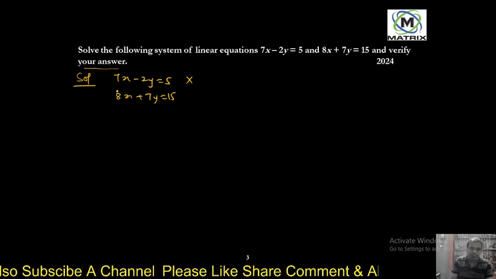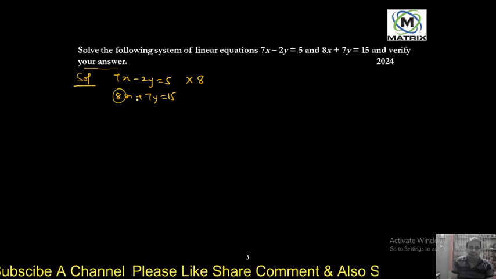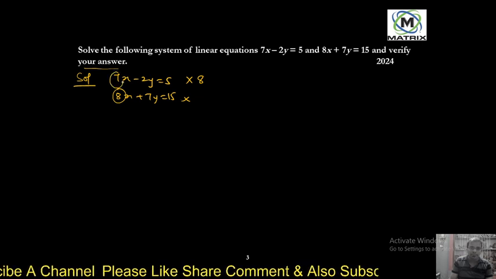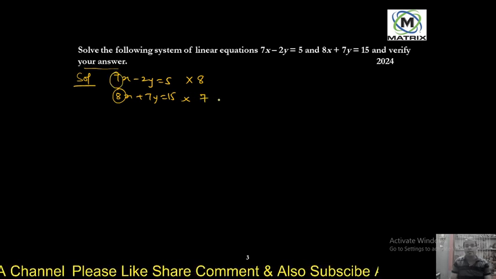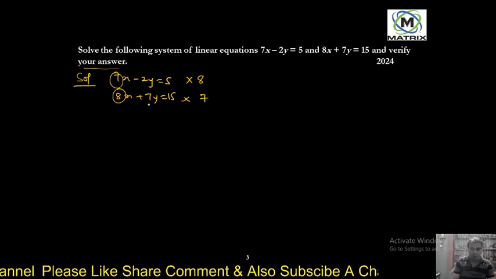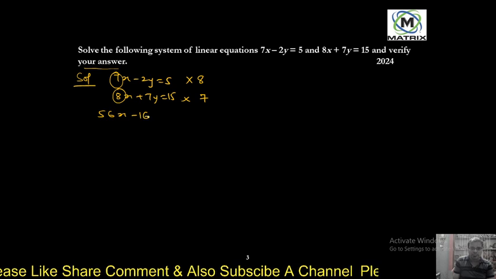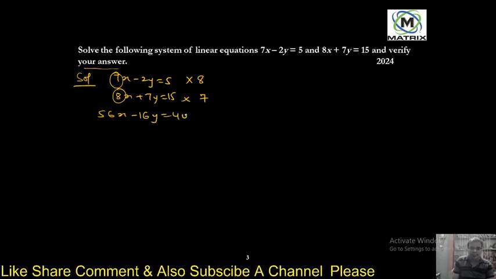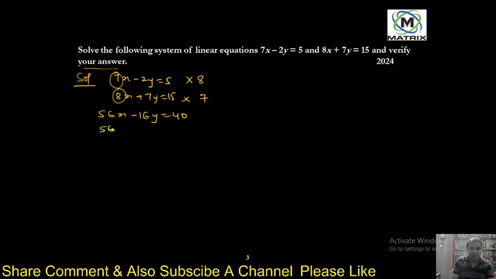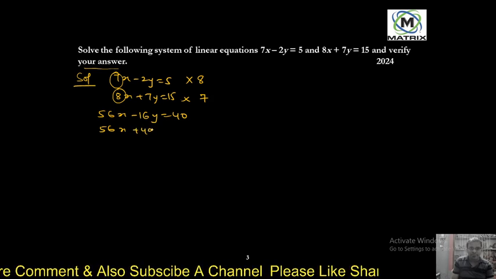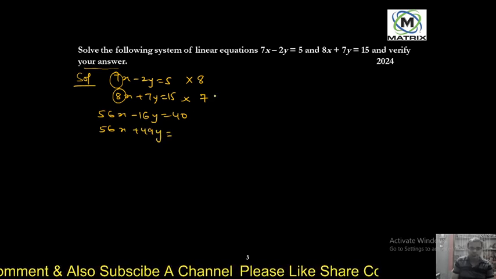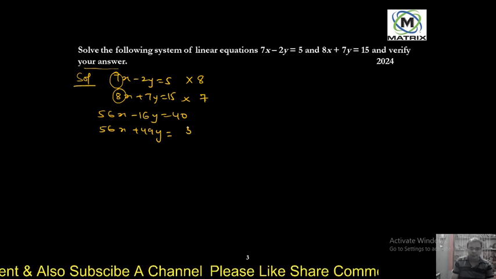This equation is multiplied by this coefficient, that is 8, and this equation is multiplied by 7, to make the x coefficient the same. 7 times 8 is 56x, 8 times 2 is 16y, 5 times 8 is 40. Similarly 7 times 8 is 56x, 7 times 7 is 49y, equals 5 times 7, that is 35.